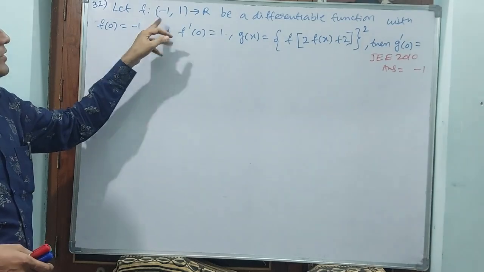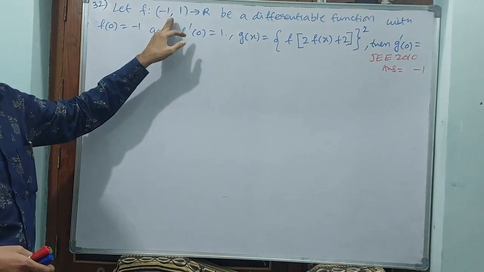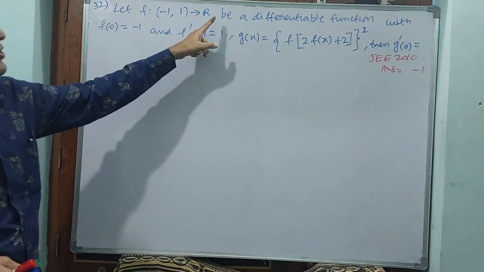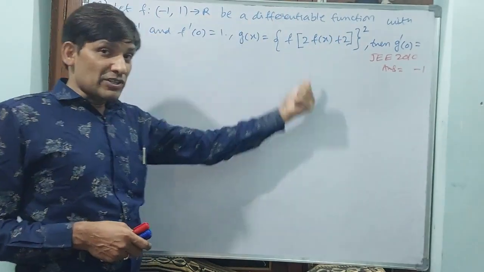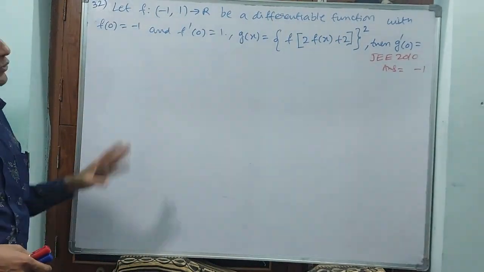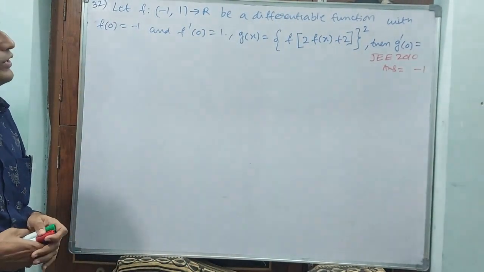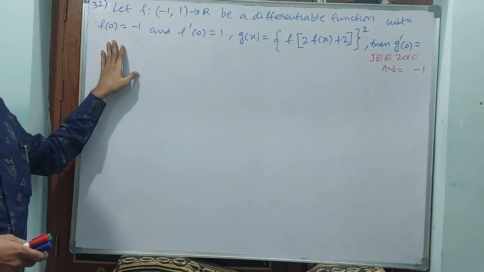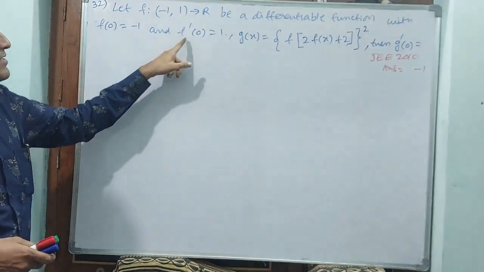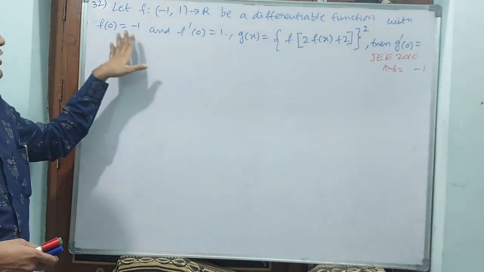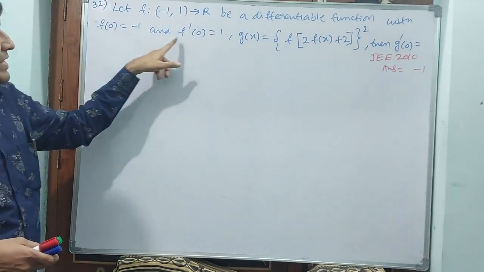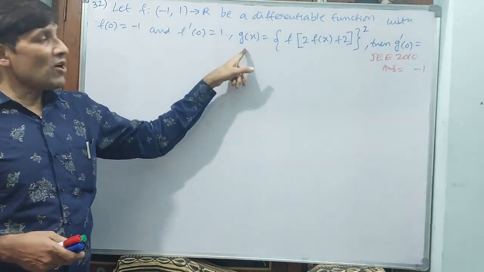Let f mapping from the open interval minus 1 to 1 to R, the real numbers, be a differentiable function. That means they are directly telling us this function is differentiable, so we can do differentiation and conclude. With f of 0 is equal to minus 1 and f dash 0 is equal to 1 they have given, and g of x they have given.